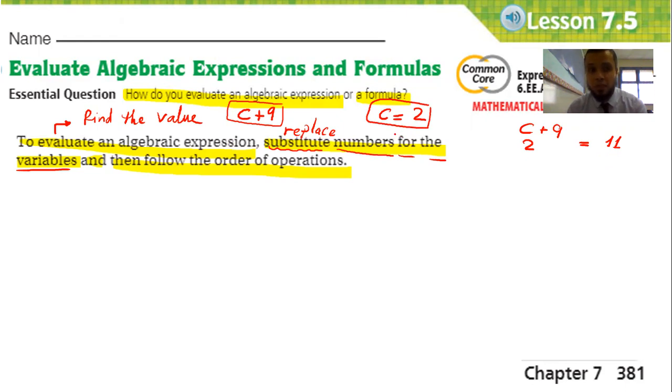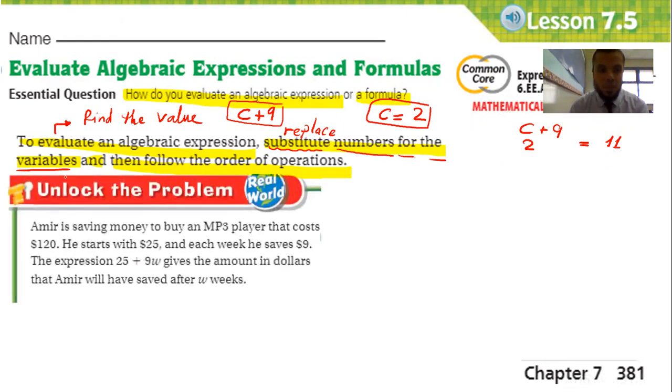So let's unlock the problem together. Here we have an example. Amir is saving money to buy an MP3 player that costs $120.